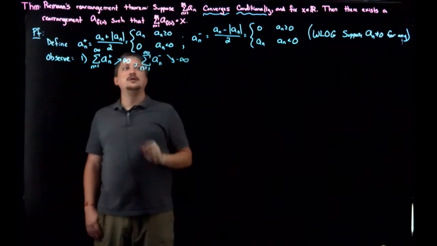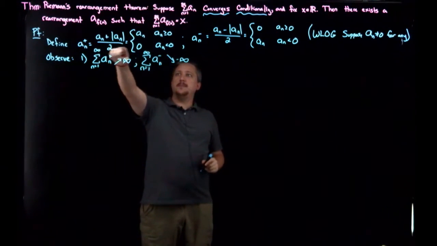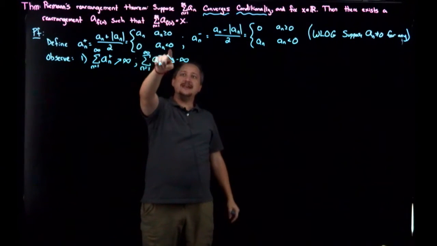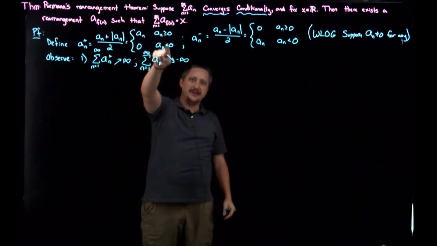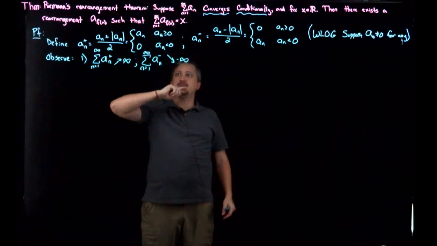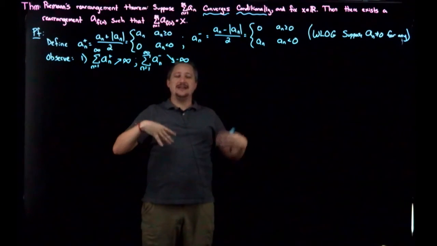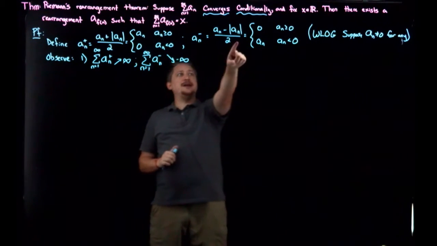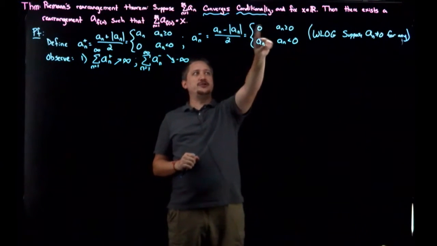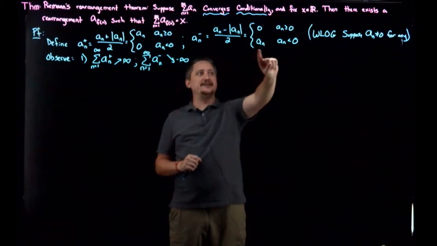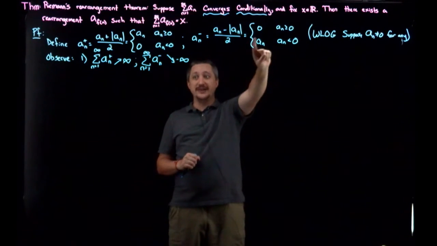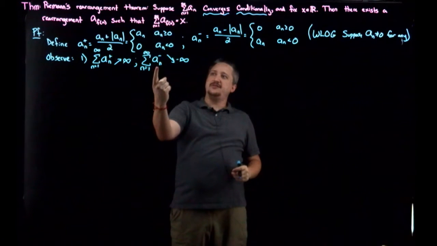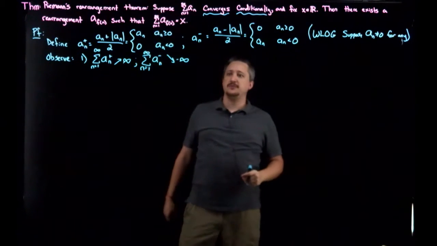So an plus is all positive values or 0, except it's 0 where the an was negative, and it's positive wherever an was positive. So I'm adding up a bunch of positive values and the occasional 0 where the an originally was negative. The an minuses, these are 0 anywhere an was positive and the negative value wherever it was actually negative. So as I'm adding them up, I'm adding only positives and zeros, so it goes up. This is adding only negatives and zeros, so it's going down, okay?